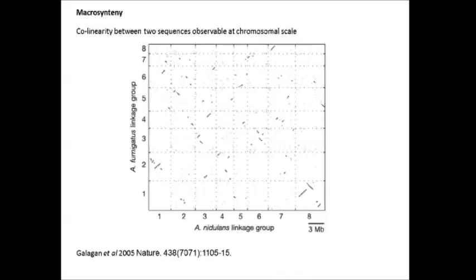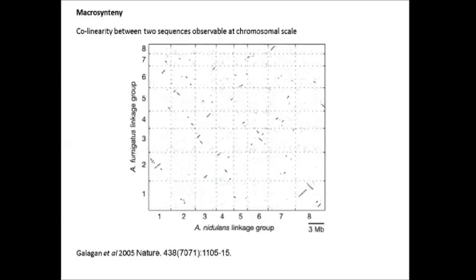So to move on to the first one, which I call mesosynteny, first we have to go into some of the background of what other types of synteny there are. Synteny is a kind of relationship of collinearity, or the same order of genes along a chromosome. You see this plot here is of two Aspergillus fungi, and their chromosome sequences have been laid across the X and Y axis here.